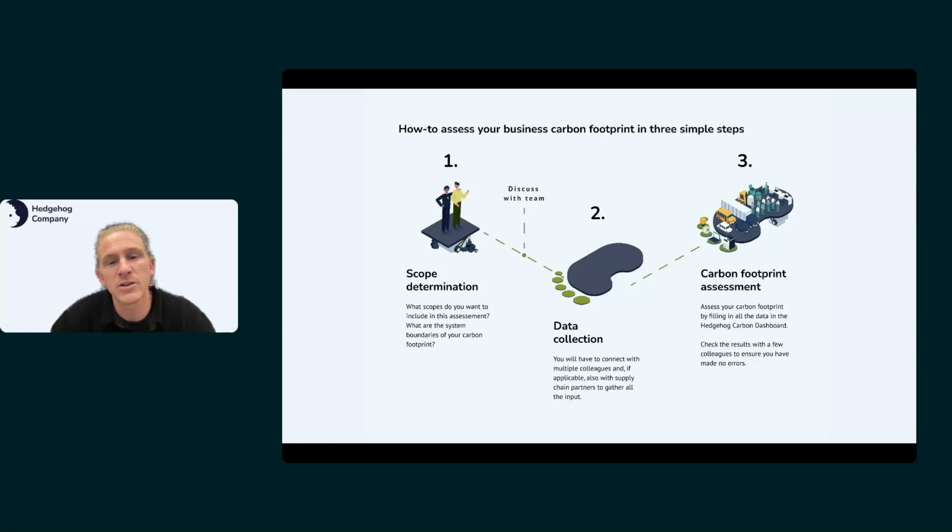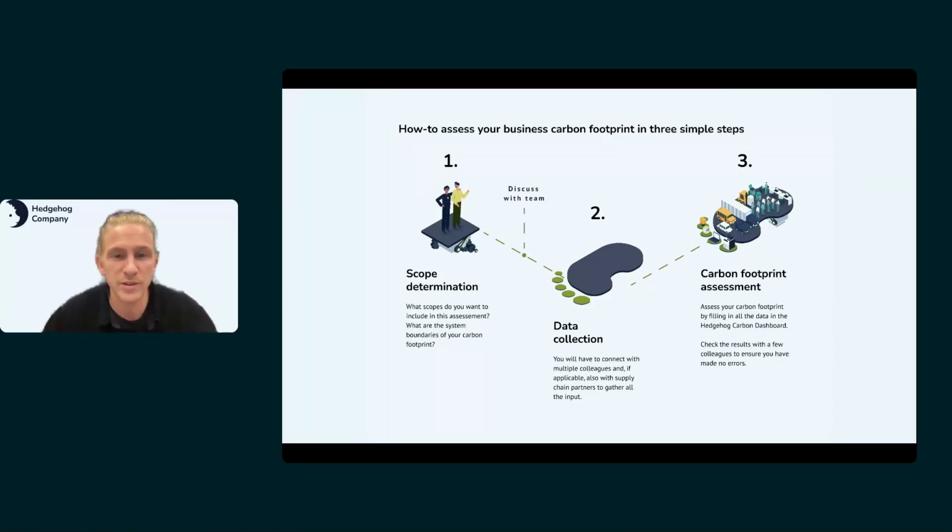You need their review, their feedback on the decisions of excluding specific sources from your carbon footprint, so that you can have a dialogue and have an extra set of eyes on this demarcation, on the scope determination. If you finish that, then you can go to the second step, the step of data collection.